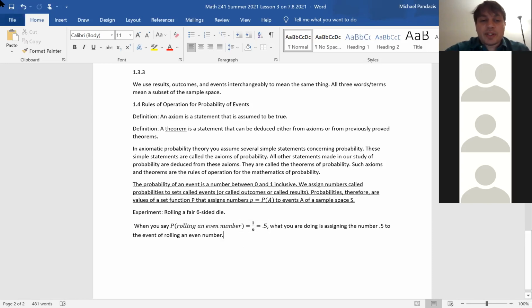Okay, it's called a set function because we're taking a set and we're assigning a number to it. Okay, so here where I said we assign numbers called probabilities, 0.5 is a probability, and as a number, we're assigning that number to this event. So probabilities, therefore, are values of a set function P that assigns numbers little p to events A of a sample space S.